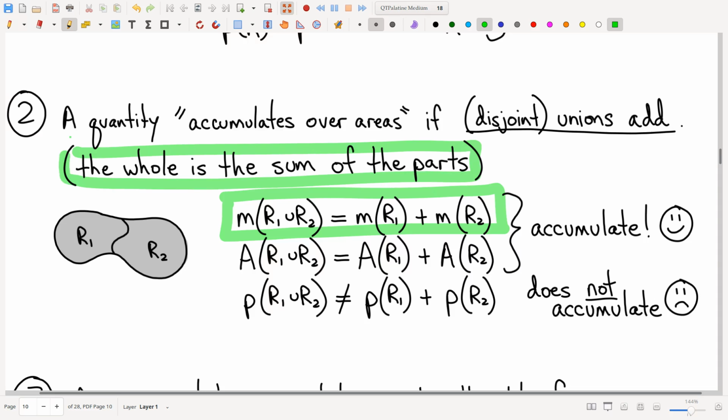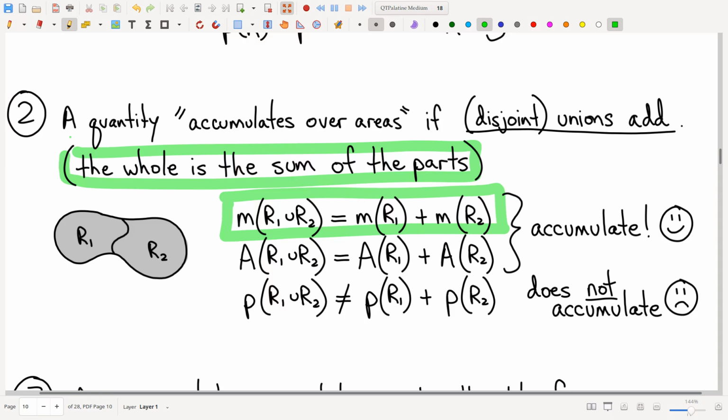If you have some whole region like this here, we've got this lump here in gray. Let's talk about the mass that's within that region. Well, one way I could tell you how much mass there is is I can tell you how much mass there is on R1, and then how much mass there is on R2, and, of course, the total mass is the sum of the masses in the pieces.